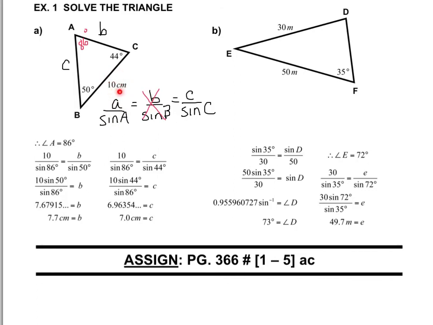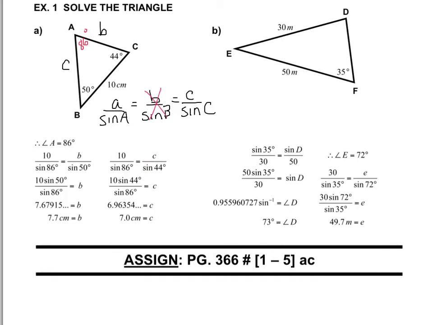Always try and go back to the information that was given to you, and we were given the 10, and that will be 10 over sine of 86. So we got that right here. And then we are going to be looking at the c that we want to find, lowercase c, and that will be over the sine of 40 degrees. So that's 44 degrees, sitting right there. So you'll notice this time we did not use the middle portion of our sine formula.